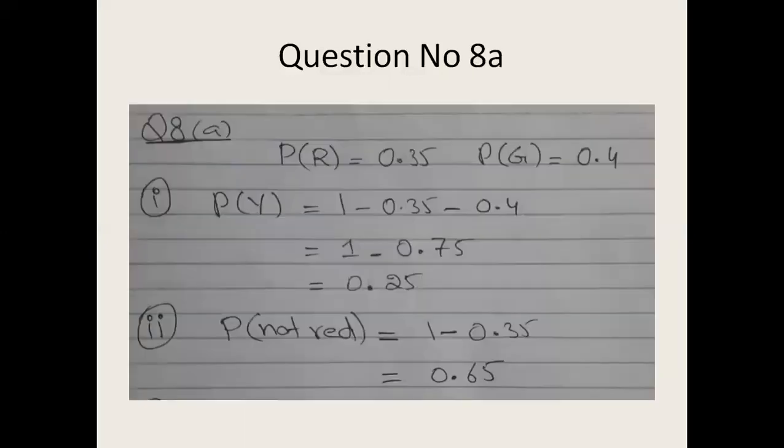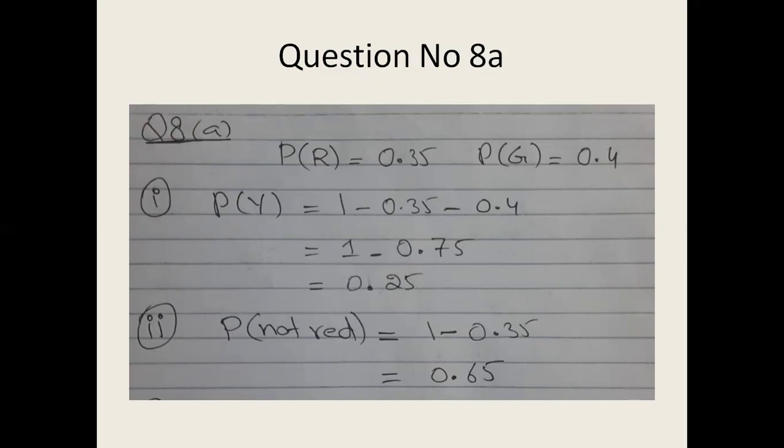Okay. So the probability of the red is 0.35, probability of the green is 0.4, probability of the yellow will be 1 minus the probability of the red minus the probability of the green. So you will have 1 minus 0.75. So 1 minus 0.75 will be 0.25. Okay, so this is how you find the probability of the yellow.